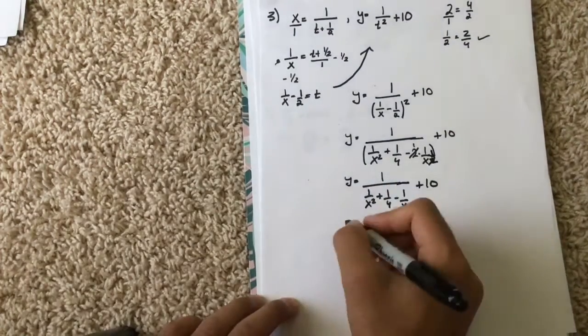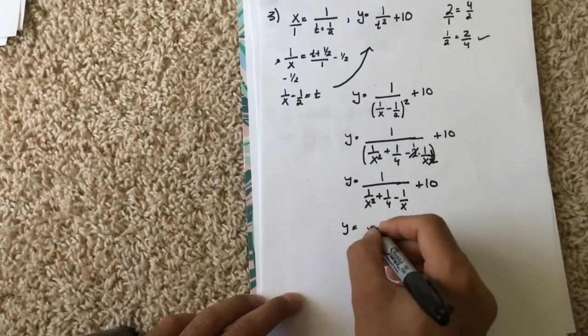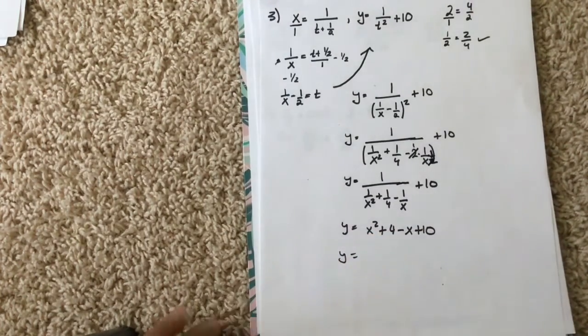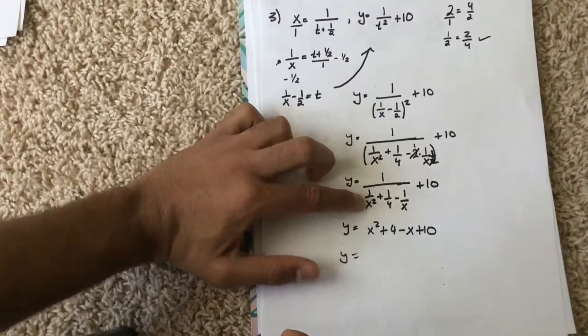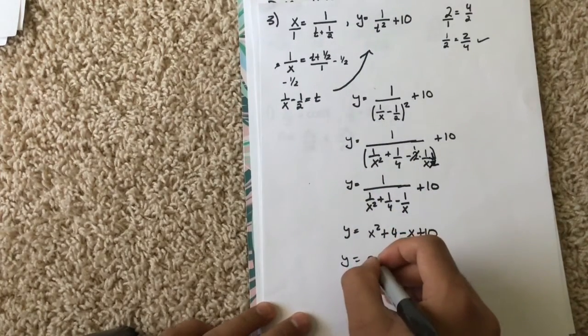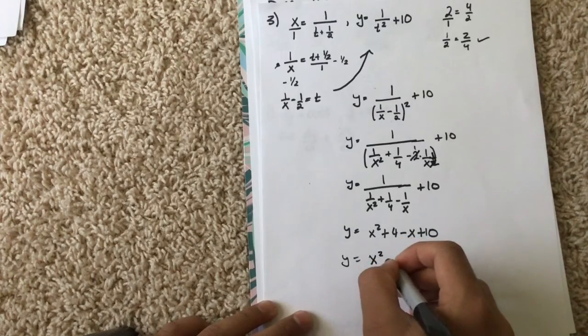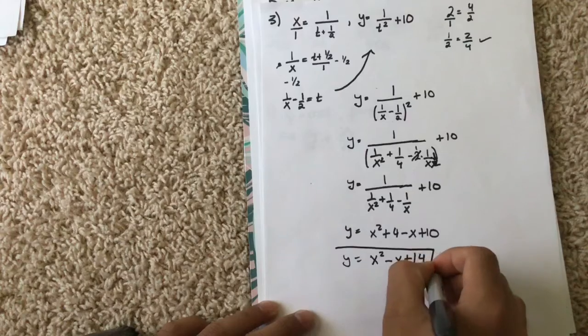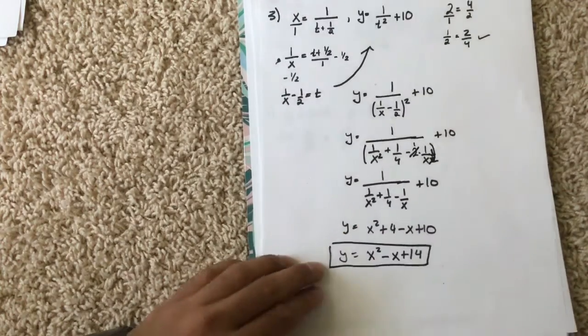Now this part right here will simplify to x squared plus 4 minus x plus 10. You're actually dividing by the inverse here, so we can just flip it back and get these values. And then we have, in the end, x squared minus x plus 14. And we have successfully removed our parameter.